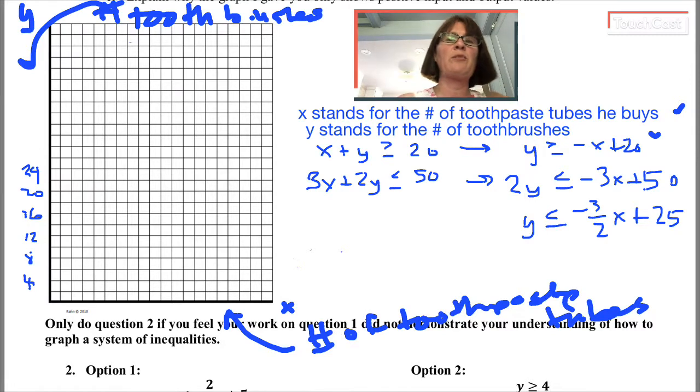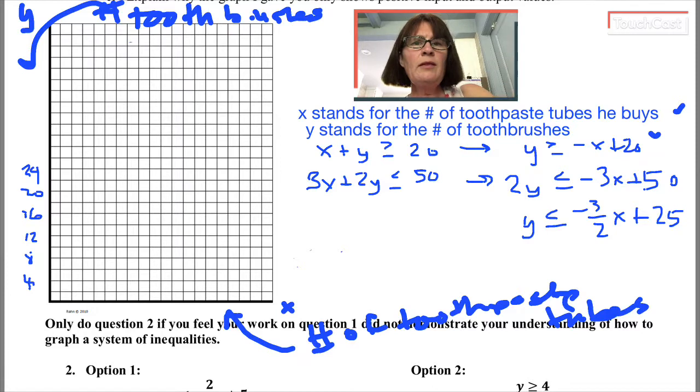I might have even been able to count by 1's and still fit this on the graph. Well, that's okay.